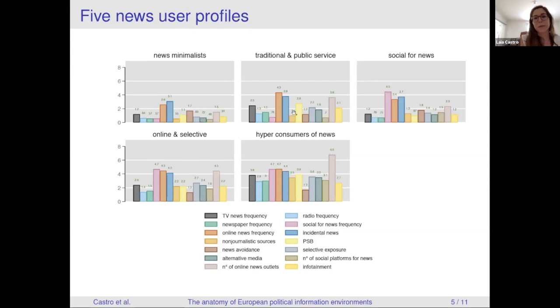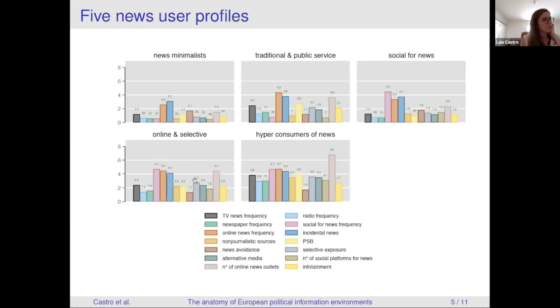So the traditional and public service group, as you can see here, does not score super high, so to speak, in all the dimensions used. They do not use a lot of media outlets, but instead they focus more on traditional media, namely public service broadcasting, newspapers, radio, and main TV channels, mainstream media. And they also use a non-negligible amount of news websites.